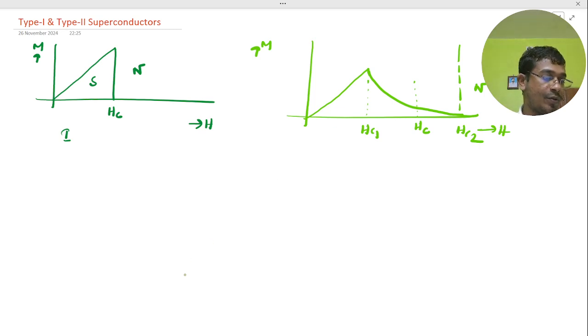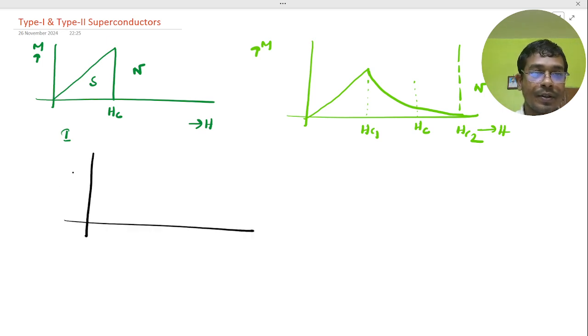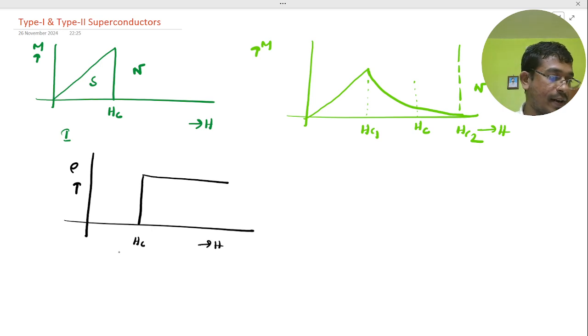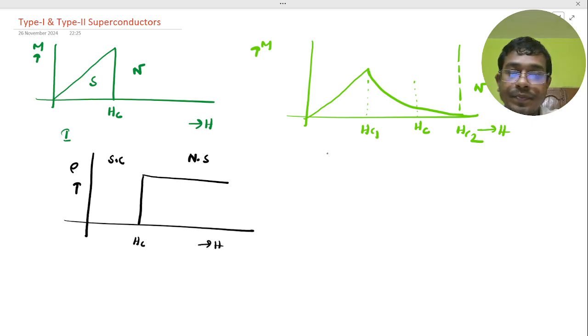And here we just plot for rho. According to rho, we plot rho versus H, and this would become like that. And this is HC, the critical magnetic field, and this one is the normal state, and this one is the superconducting state.